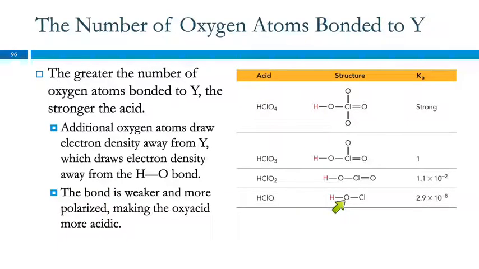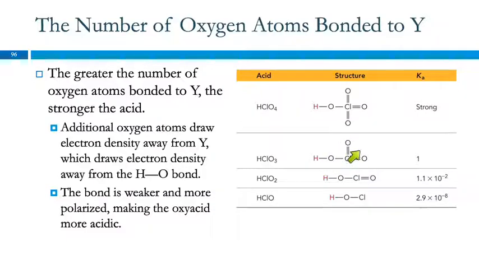So here we have HOCl, hypochlorous acid. This chlorine has no other oxygens bonded to it. In chlorous acid, we have another oxygen here. This oxygen is going to pull electron density away from this OH bond and weaken it. So this is a stronger acid.